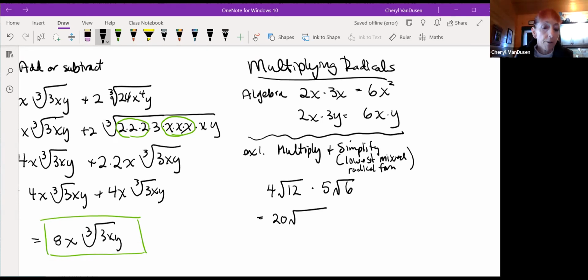Now, a thought for you. Instead of multiplying 12 times 6 and getting 72, and then taking 72 over to the side and doing the prime factoring, it would be less work if we did it this way. And it's just a thought. We could just multiply these in one radicand as 12 times 6. And I'm pretty sure you guys are pretty smart as a whip kind of children. So I bet you could do this without having to go over and do your prime factoring.